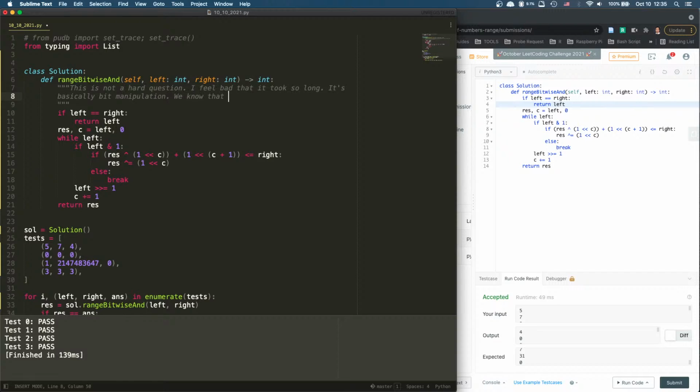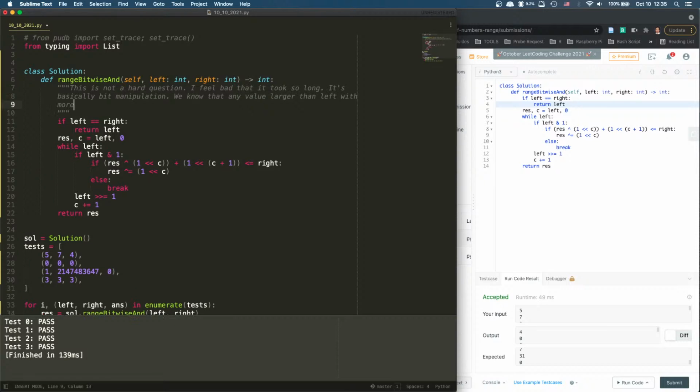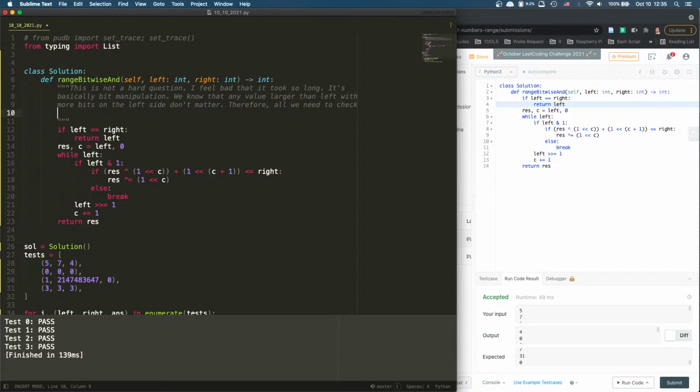We know that any bits in any value larger than left, with more bits on the left side, don't matter, right? Therefore, all we need to check is whether the ones in left can be maintained.